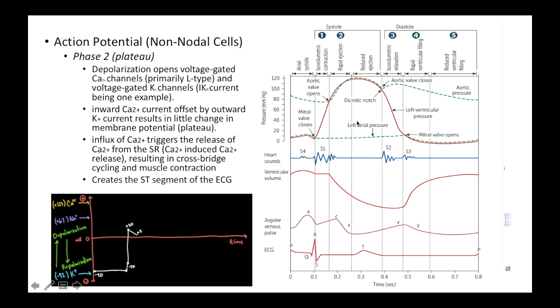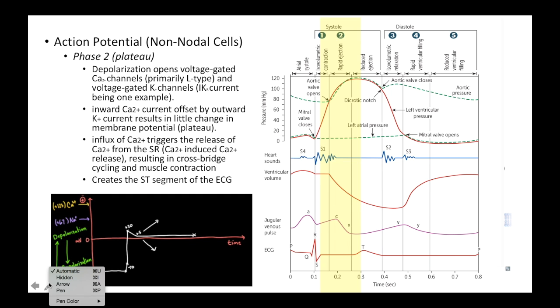And again, on this diagram, when I'm talking about the ST segment, I'm talking about here, during the period of rapid ejection, when we are contracting our ventricles and everything to get all that blood out to the body.